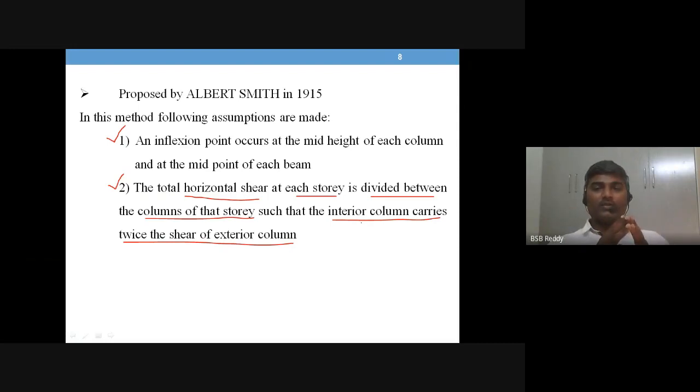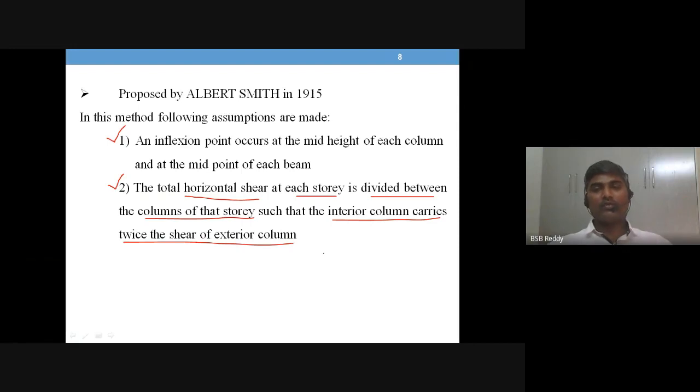Interior columns carry twice that of exterior columns. The column shears are related like this.